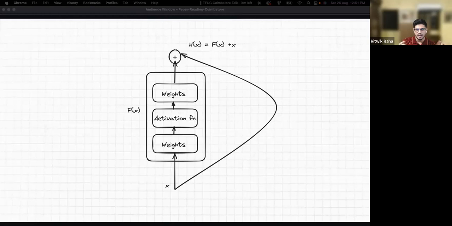So it's like saying that dL by dW might come down to 0. We completely agree to that. But what if we just add epsilon to that? So dL by dW plus epsilon. And epsilon is a very small number, or in this case, it is x, which is the original information. And what is happening is that the gradients are not simply the expression of delta change in loss with respect to delta change in weights.